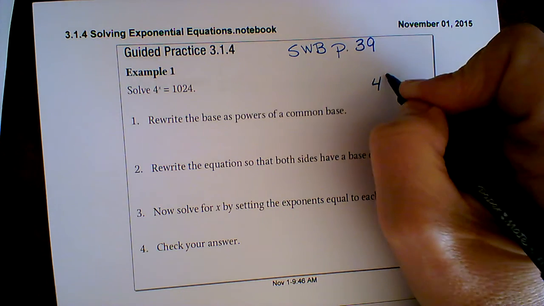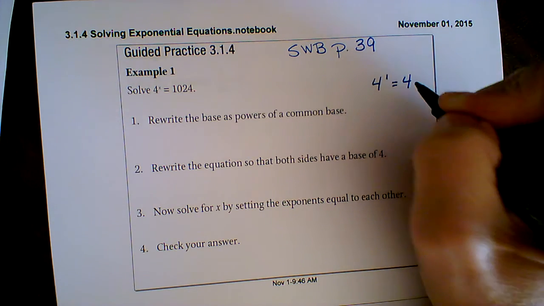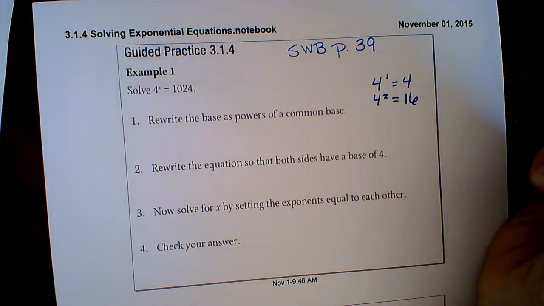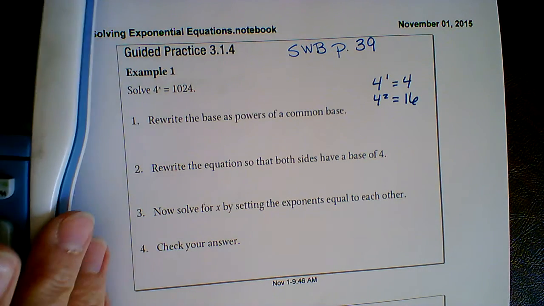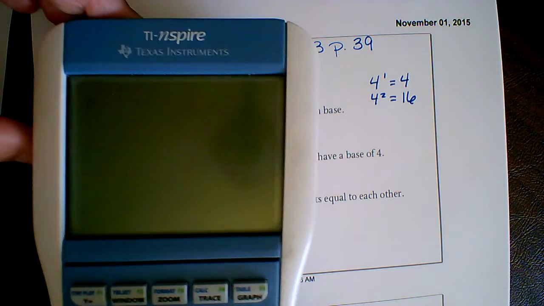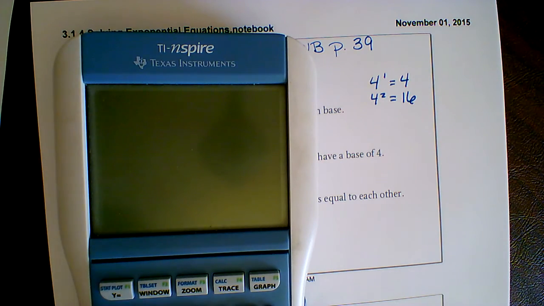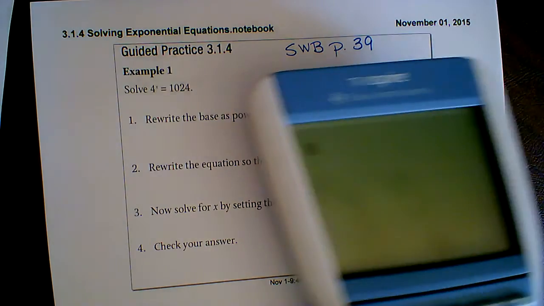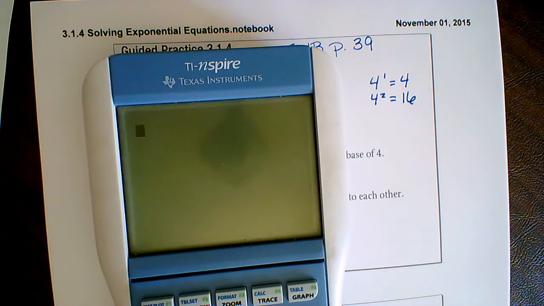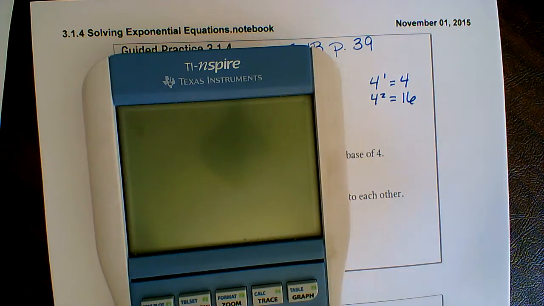And we know 4 to the first power is 4. 4 squared is 16. So let's figure out what we have to raise 4 to. What do we have to raise 4 to get up to 1024?